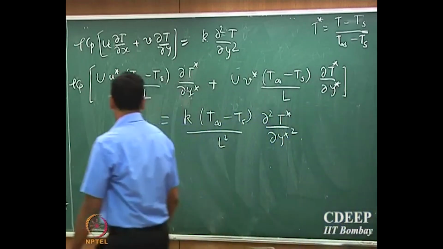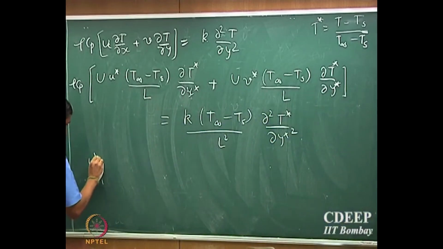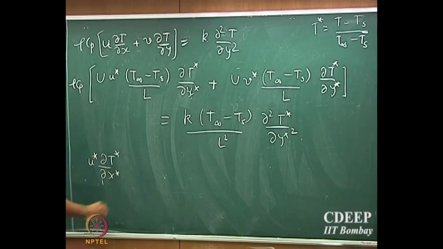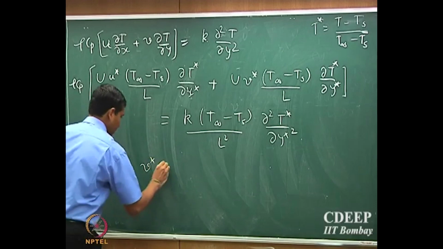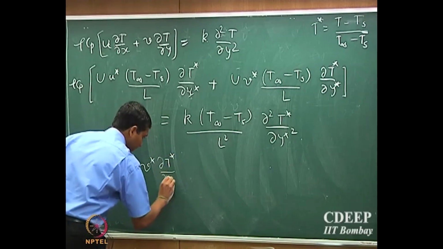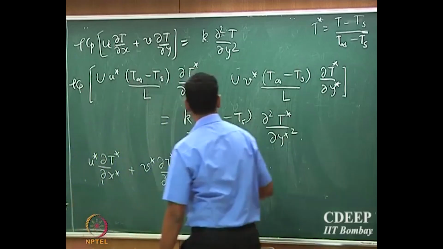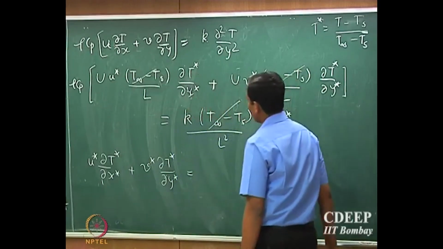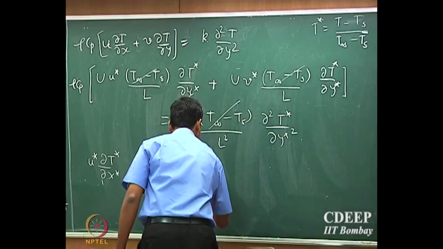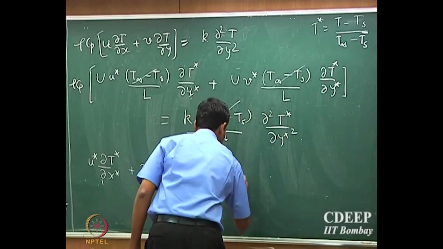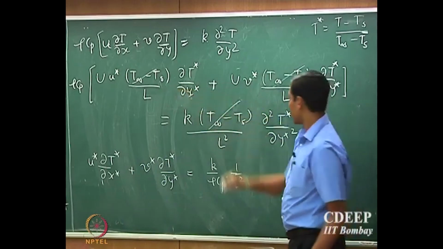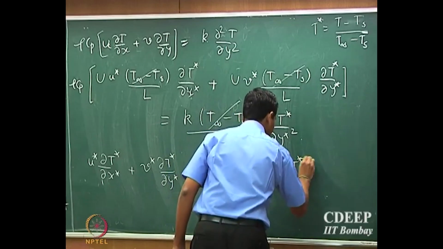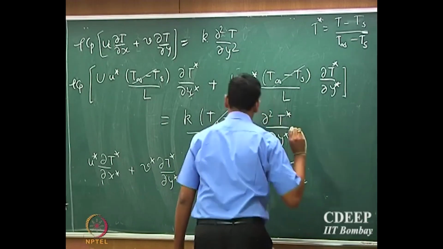So, now if I do the algebra, that will become u star dT star by dx star plus v star dT star by dy star, that should be equal to, so the T infinity minus Ts will cancel out, and so you will have k by rho Cp into 1 by L square, and so we get L by U from the other side, okay. So, it will be L by U into d square T star by dy star square.